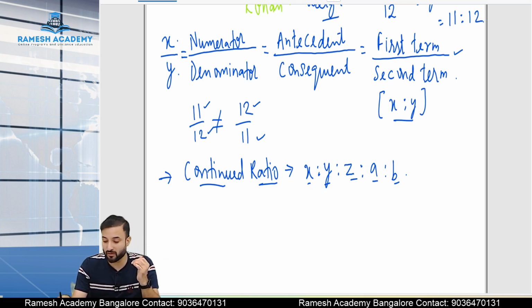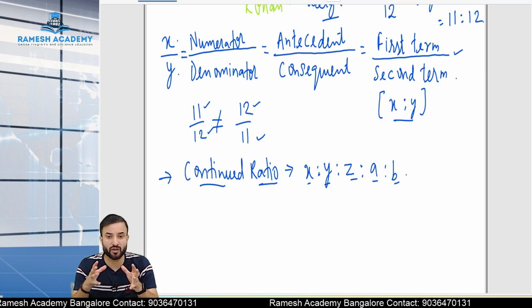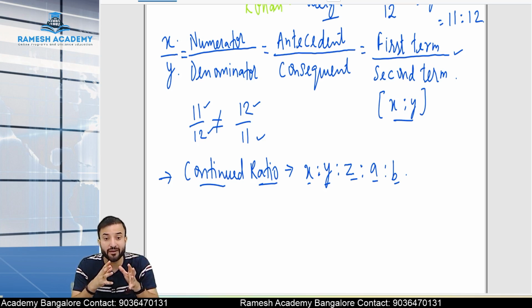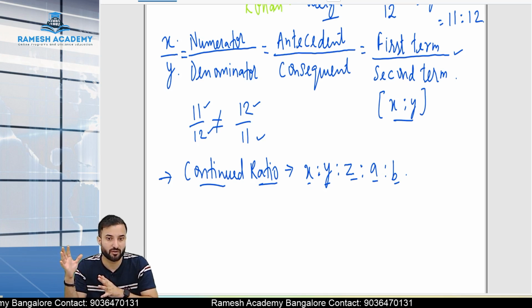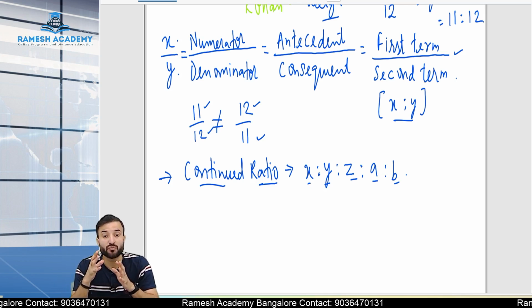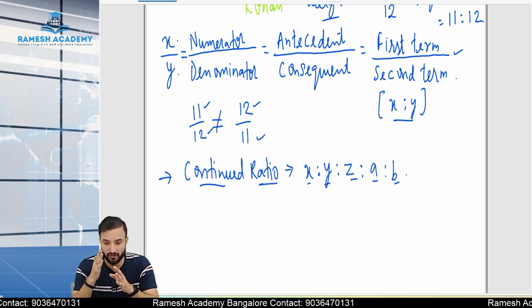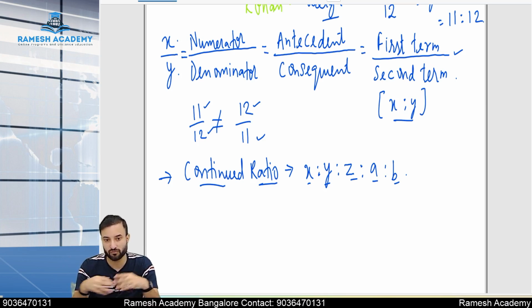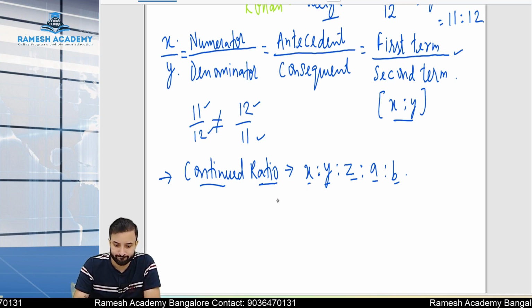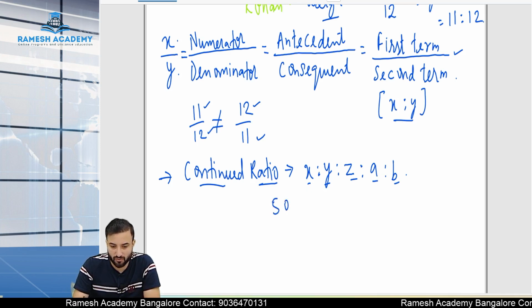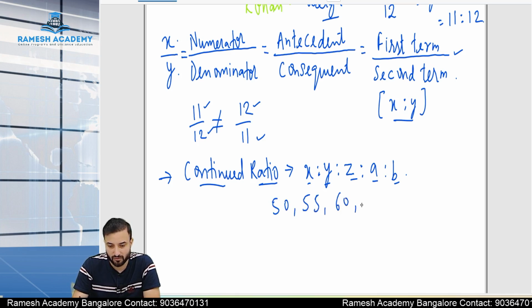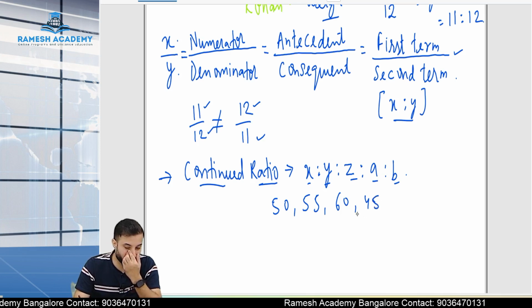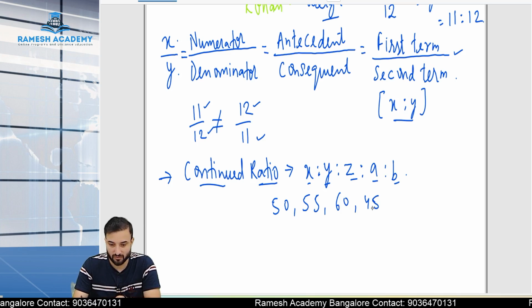So you can find the ratio of the height of 5 boys. We'll write like this. Sorry, we'll take the weight, all in kg.